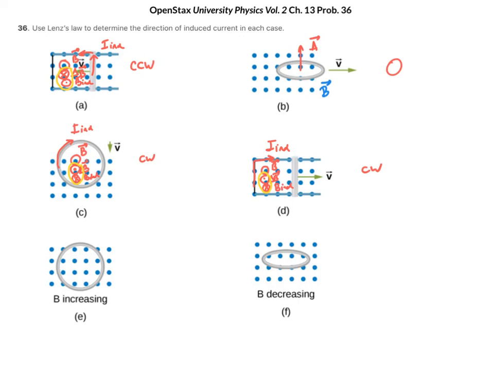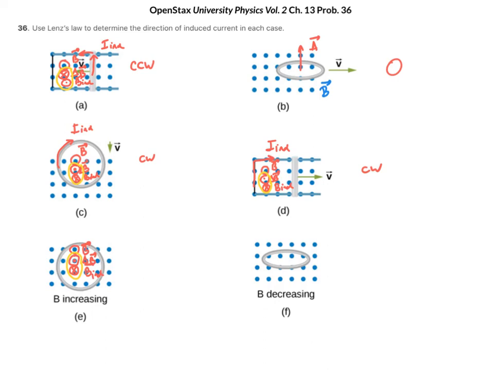In part E, we have an original magnetic field in this direction. So this is our magnetic field. And we know that the magnetic field is increasing. So it will get more magnetic field lines in this direction. That means that the loop will induce a magnetic field in the opposite direction. That would be this way. So these two are opposites, and that will be my B induced.